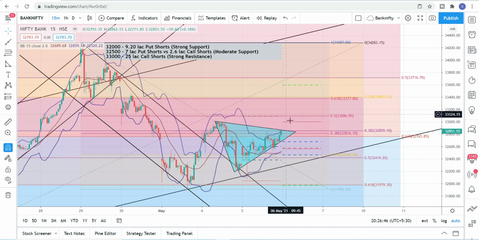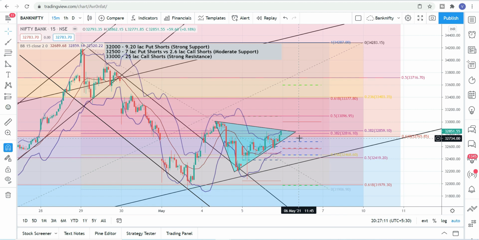With respect to a short trade, if at all we don't open with a gap up or sideways and then break out, rather we open with sideways or with a bit of gap down, there are quite a lot of multiple supports that we have here. Ideal level for you to enter: because you have just closed at 32,850, it will be a bit tricky.